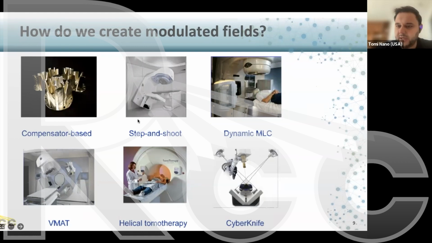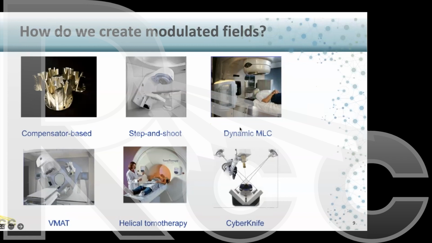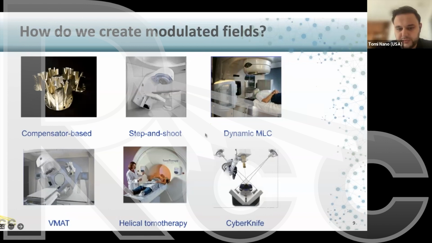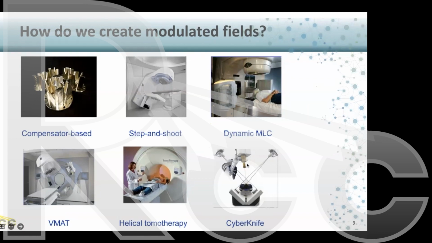But then it was really these and the advancements of multi-leaf collimators that allows us to perform these various forms of field modulations. And I'll just talk about a couple of versions, but we have several kinds. We can even go into the advanced, maybe more treatment site-specific machines, such as helical tomotherapy, CyberKnife.